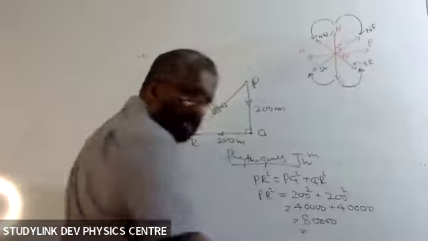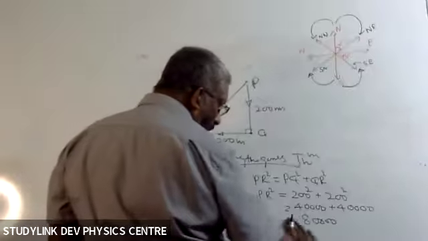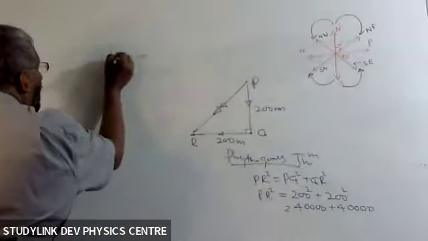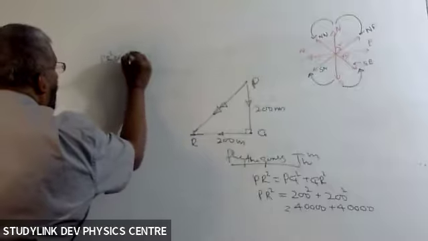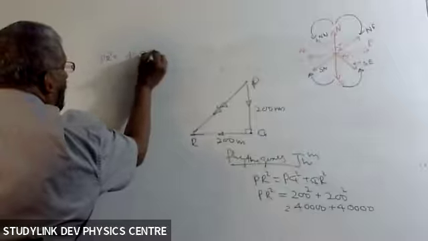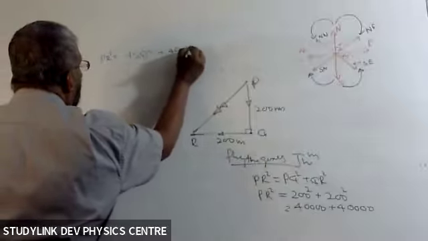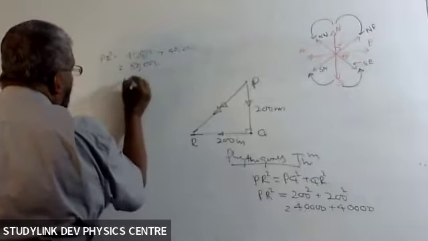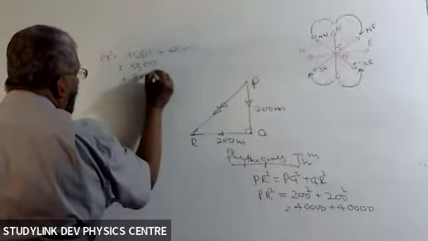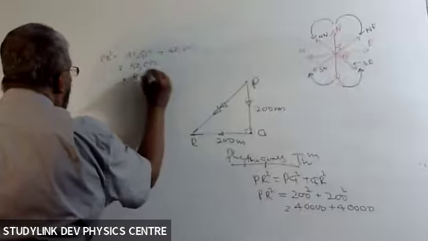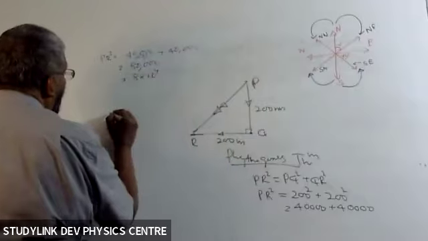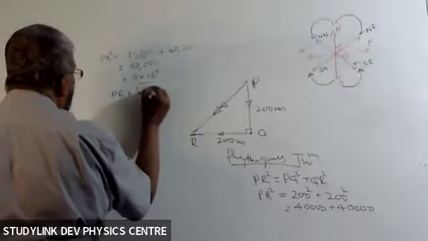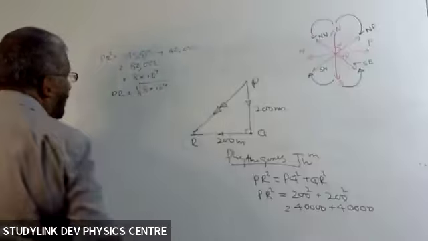Or we can write it as, that is, PR squared is equal to 400,000 plus 40,000, then 80,000. This can be written as 8 into 10 to the power 4. Then PR is equal to square root of 8 into 10 to the power 4.